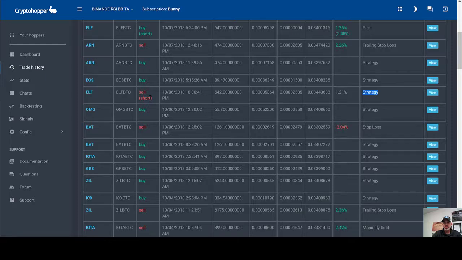So once the short was put on October 6th, now we bought it October 3rd, 3 days later a short comes into play, and then a day later on October 7th, this actually achieves our 1.25% profit that we want, and so therefore the bot closes out our short by placing a buy order.